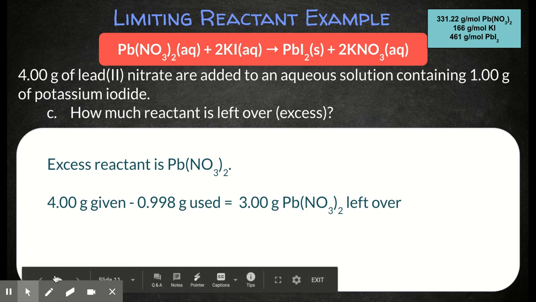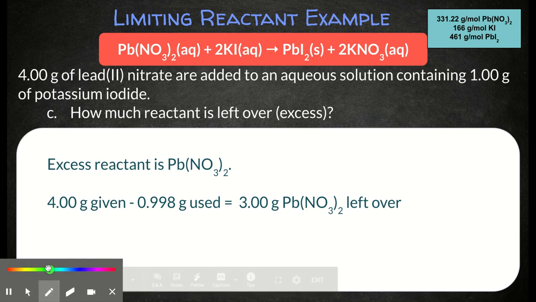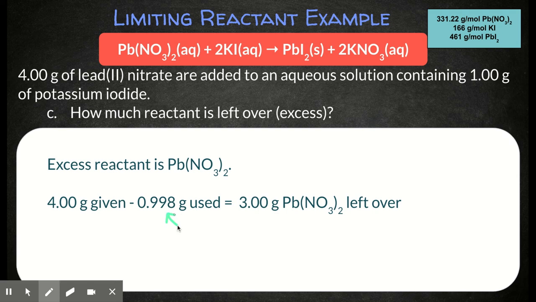Okay, so this is actually a calculation that I could have already done in method 1. This is saying, well, if you have 1 gram of KI, how many grams of Pb(NO3)2 did you need? And now if you did method 2, you would actually probably need to do this calculation. You would need to determine how much of your reactant is needed to fully react with your limiting reactant.